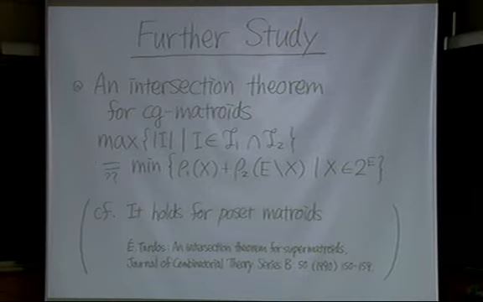One open problem is the following: an intersection theorem for CG matroids. I want to know whether the following holds or not. If we have two CG matroids with independent sets I1 and I2, and rank functions, which I didn't explain today, is the maximum cardinality of a common independent set equal to the minimum of the sum of some rank functions?